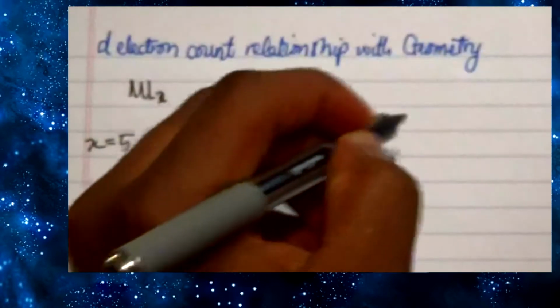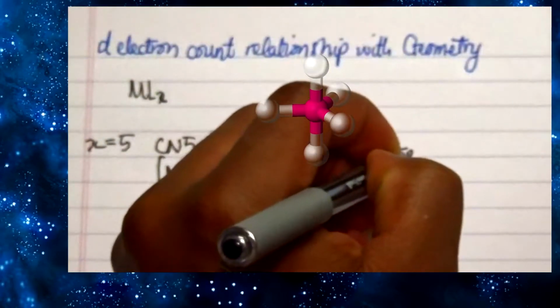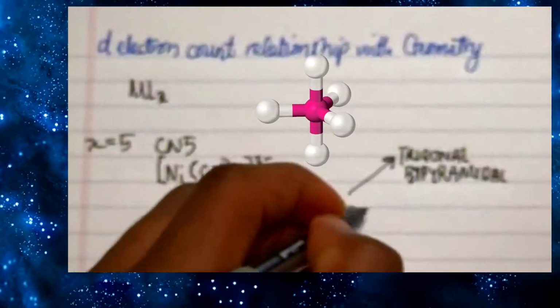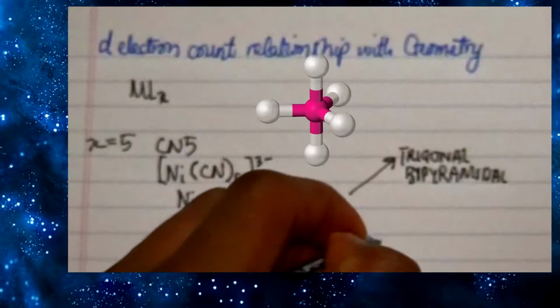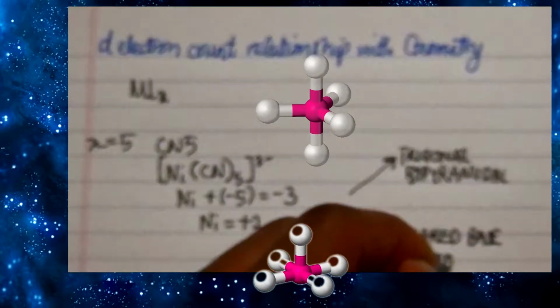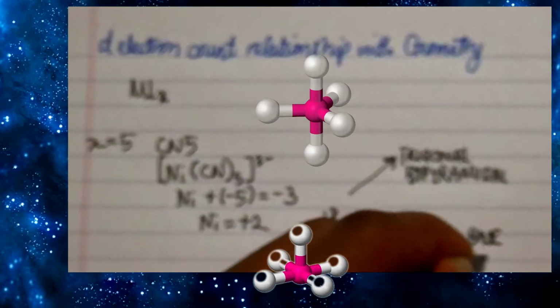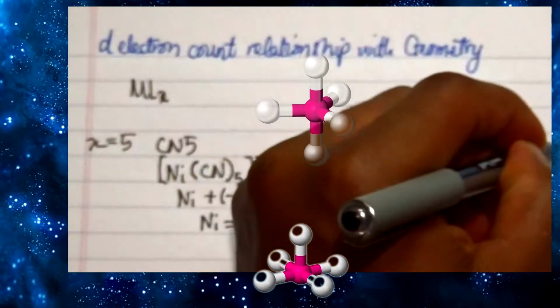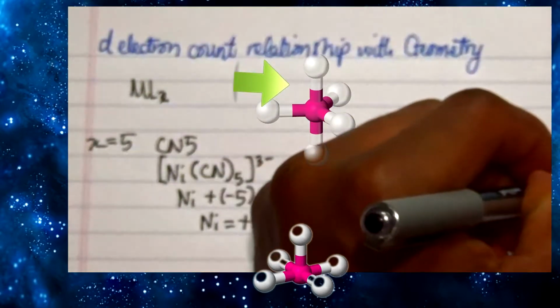One geometry is trigonal bipyramidal, while the other geometry is square base pyramidal. Now I'm going to draw both of them so we can recognize this. The trigonal bipyramidal goes like this.